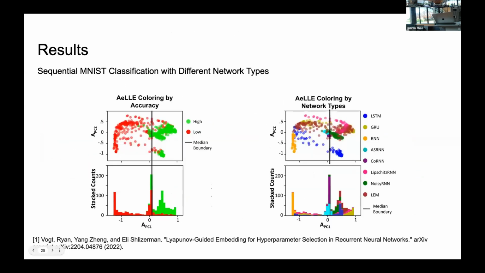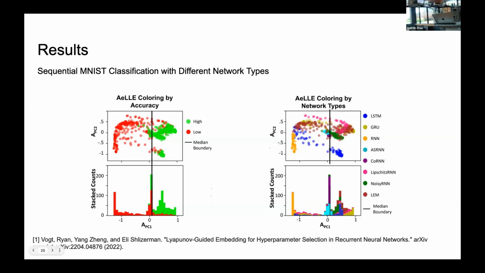As I mentioned before, there are so many RNN variants, so the problem is how can we choose the right one, and can we use this method to generalize to all the RNN variants. According to this result, we have been using all the RNN variants: LSTM, GRU, ASRNN, coupled RNN, and so on. On the right, you can see all the RNNs are distributed over all the space.